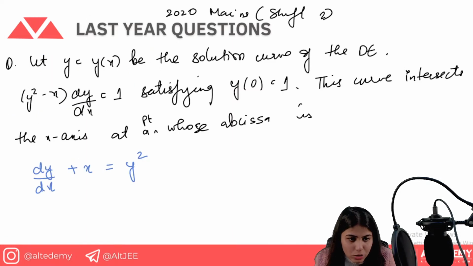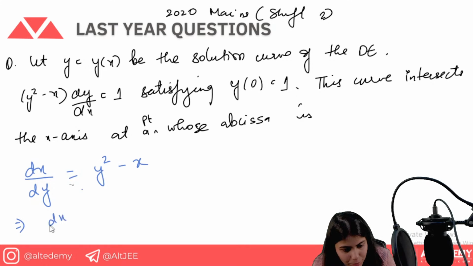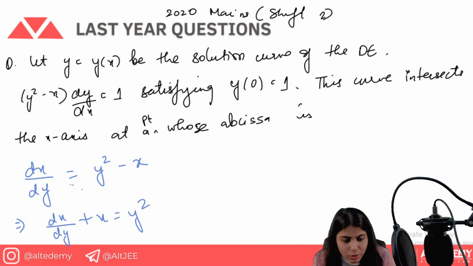Actually, we have dy by dx is equal to 1 upon y square minus x, so we can write this as dx by dy is equal to y square minus x. So this equation can be written as dx by dy plus x is equal to y square.